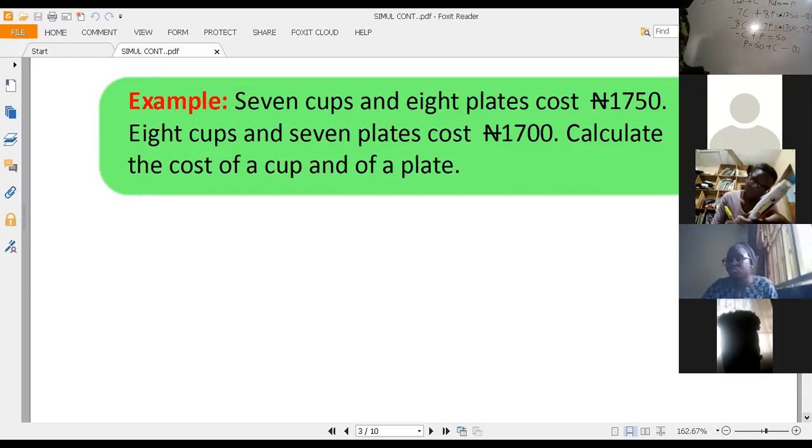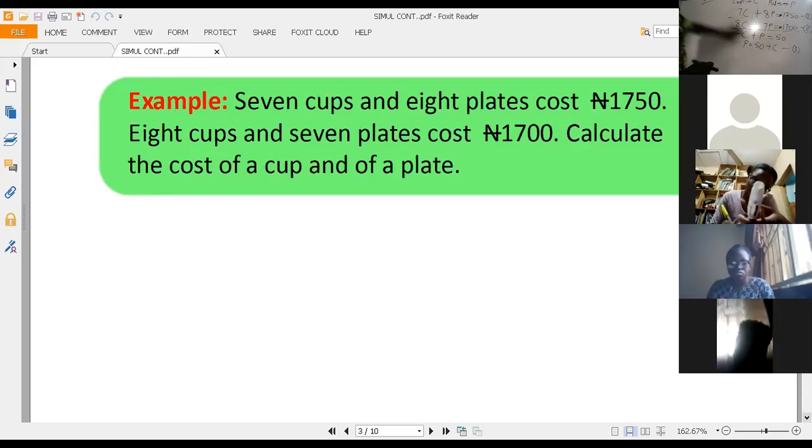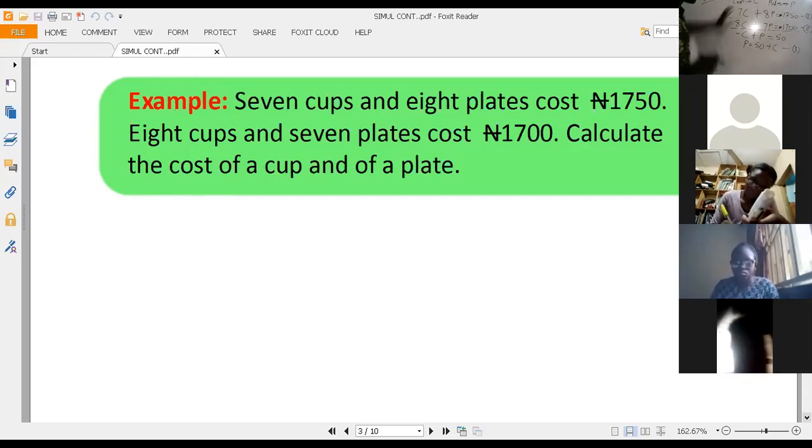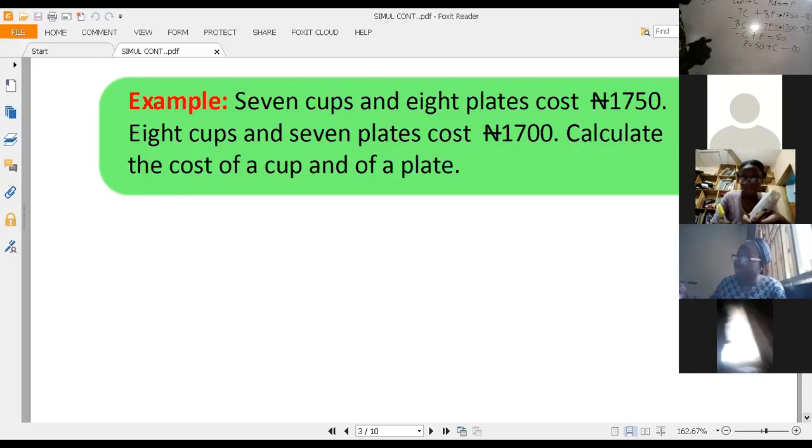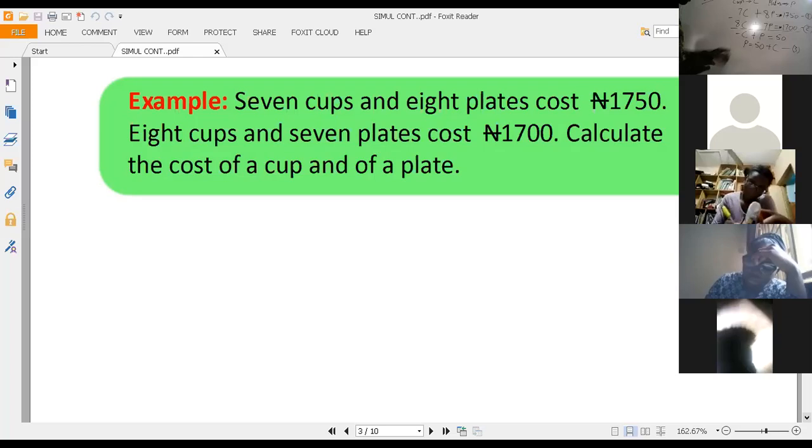Okay. The next thing to do is to substitute P, which is equal to 50 plus C, into any of the equations, 1 or 2. So that is what I'm going to do now. Substitute P, which is equal to 50 plus C, into either equation 1 or equation 2, and doing that, you get your answer.